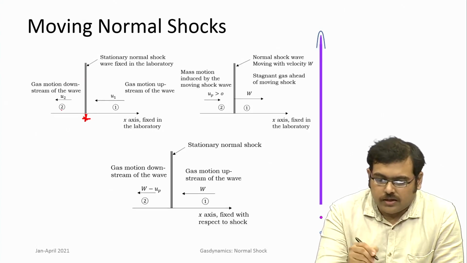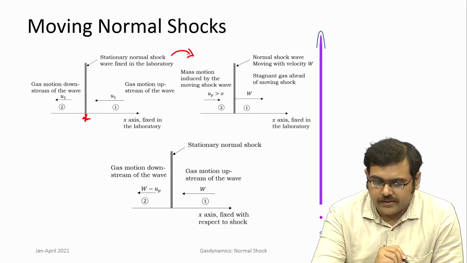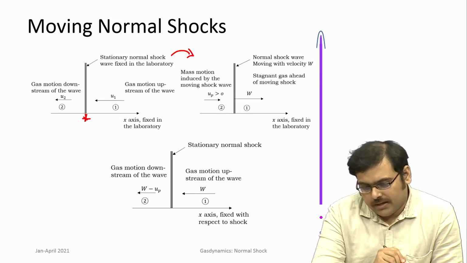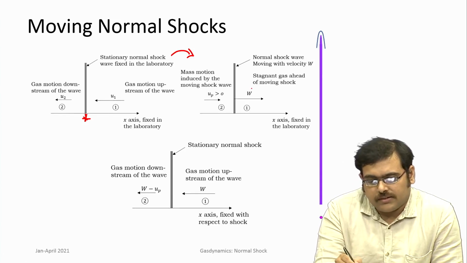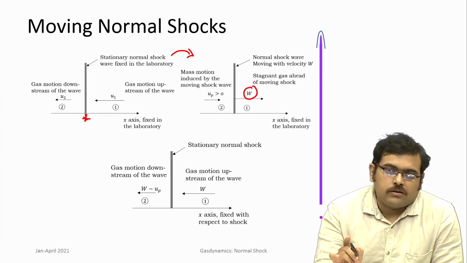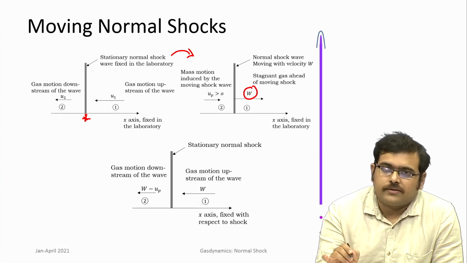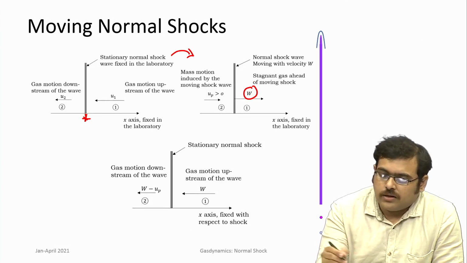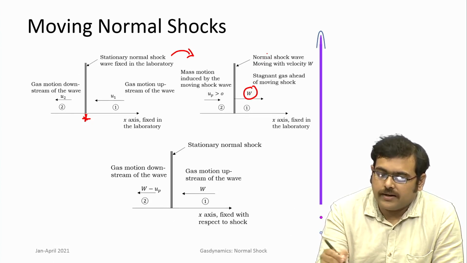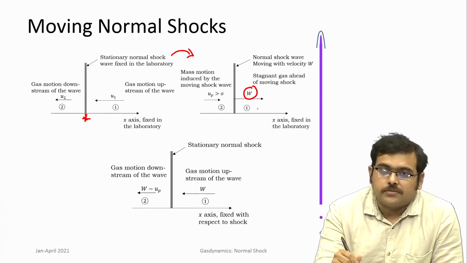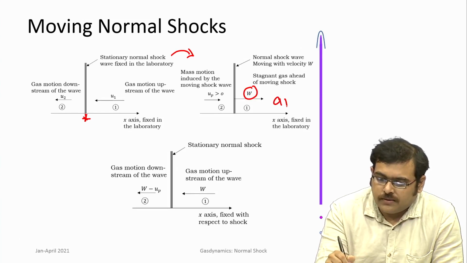And in contrast, if one looks at the case of a moving shock, here the shock moves with a velocity w, and very clearly this shock can move only at supersonic speeds. So, the velocity of the shock wave, that is w, will be greater than the acoustic speed in that medium, which is, in this case, it is moving into region 1.